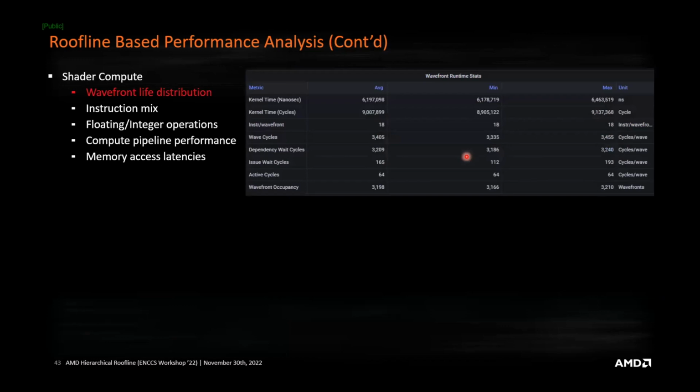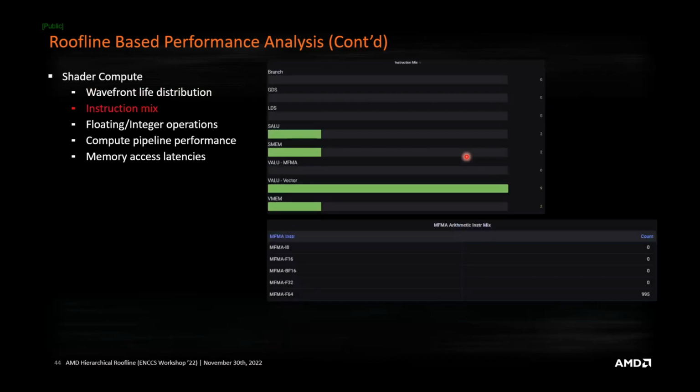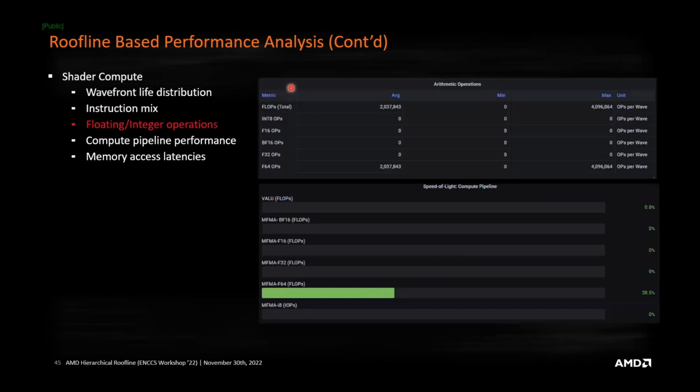And then you can step into the actual compute unit, look at things like wavefront life distribution, your instruction mix, which is just telling you of all the instructions, how many of them are being performed in your scalar ALU, your scalar memory operations, vector ALU, branch instructions, and so on and so forth. What your distribution of operations is.